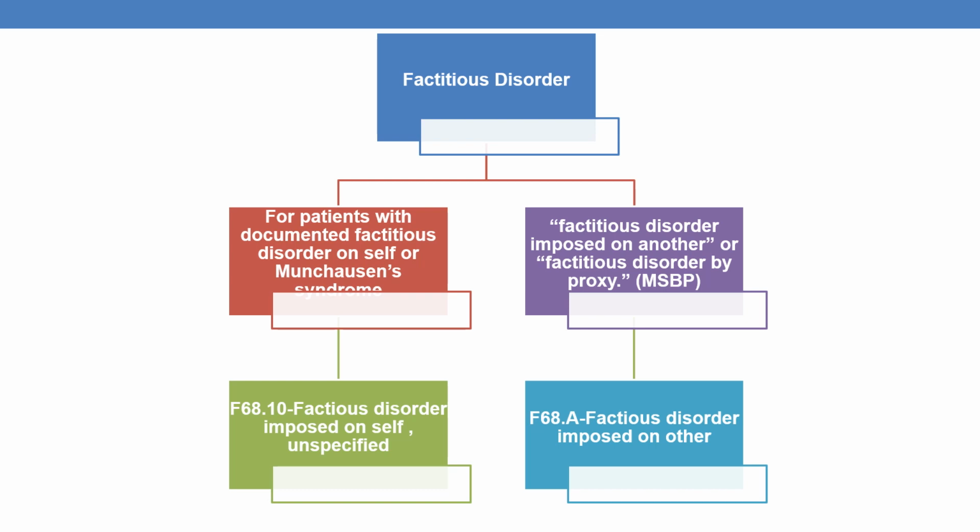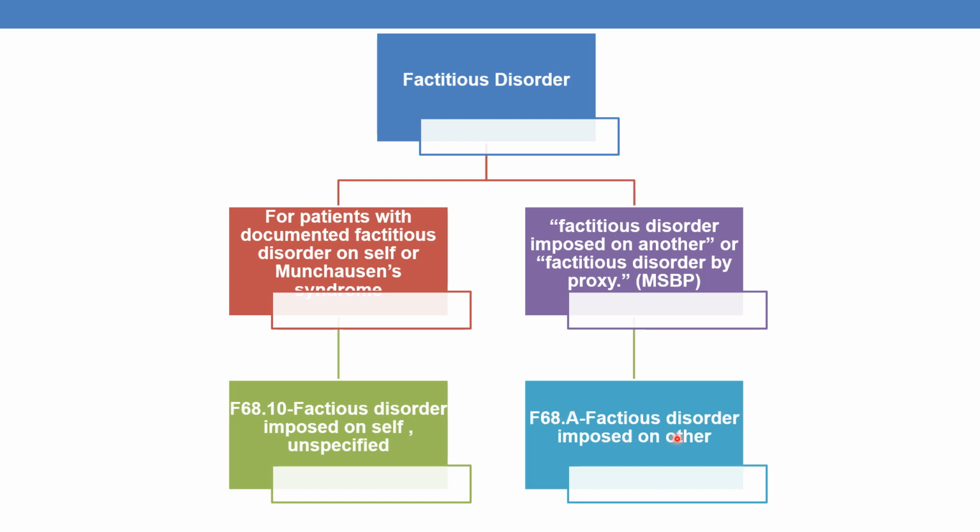Coming to factitious disorder, here you can see clearly. For self, you need to assign F68.10, factitious disorder imposed on self, unspecified. There are other codes also, depending upon the documentation. And for factitious disorder imposed on another, or MSBP, factitious disorder by proxy, or Munchausen syndrome by proxy, F68.A is the appropriate code, and that must be given to the perpetrator's record, not the victim's record.